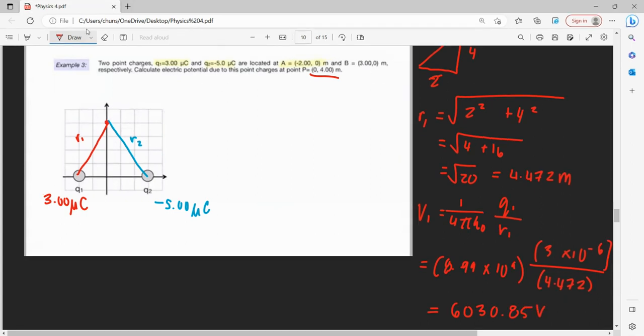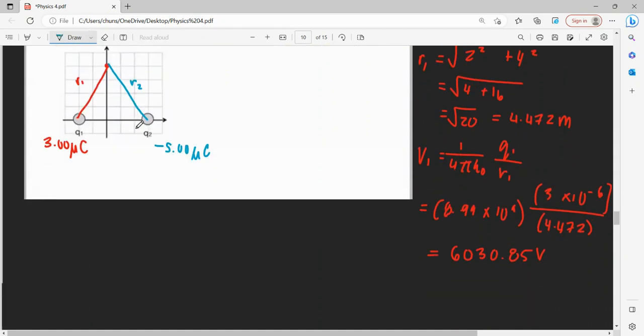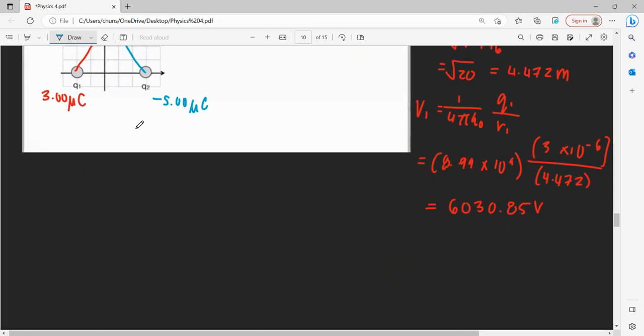You're probably thinking to yourself, this looks a lot like our electric field and Coulomb's law equations. The only thing that we're changing is we need to make sure that we include our signs.